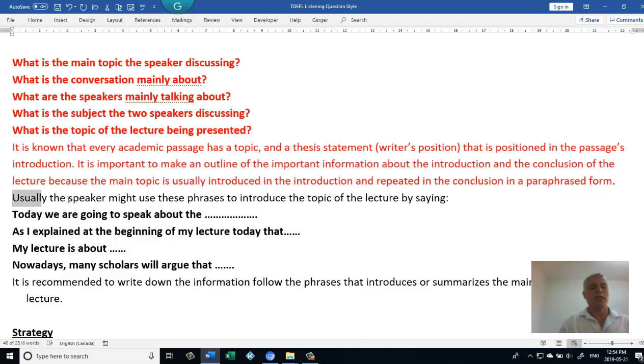Usually, the speaker might use these phrases to introduce the topic of the lecture. Now we know how the speaker will introduce the topic. For example, maybe he's going to say, today we are going to speak about that, then they give us the topic.